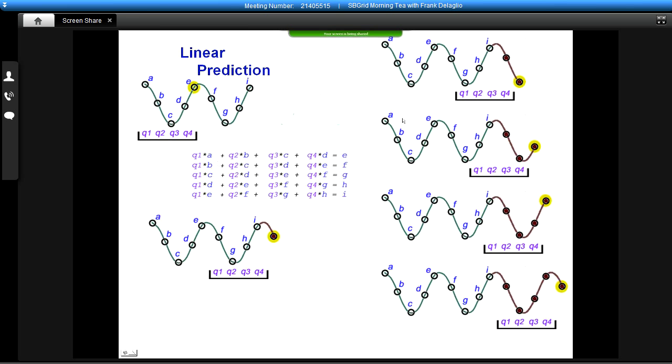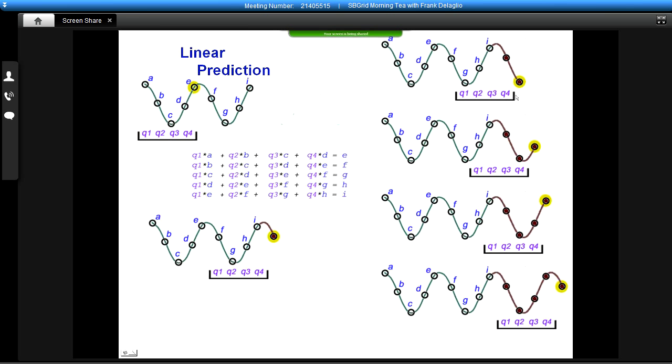And then once we have these coefficients, we can multiply them by the last points in the measured data to form a linear combination which predicts a new synthetic point that we can add onto the data.